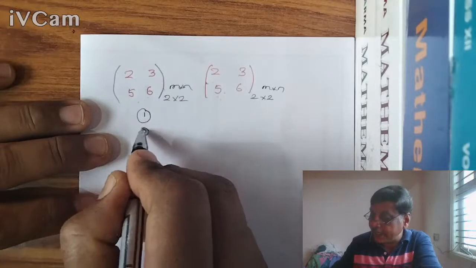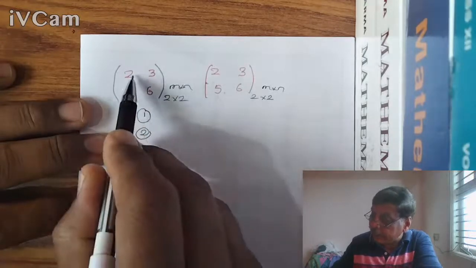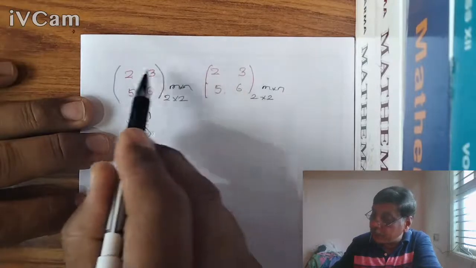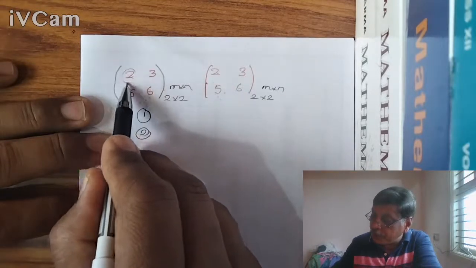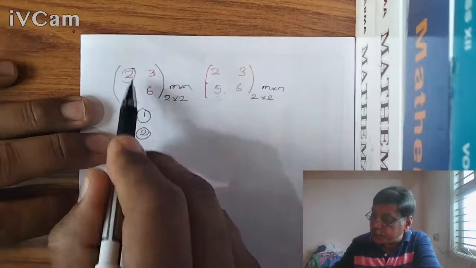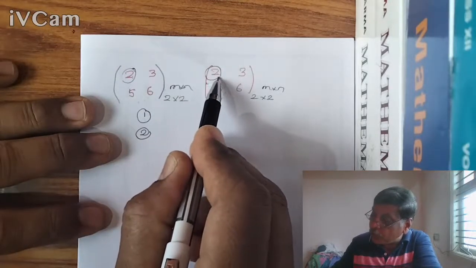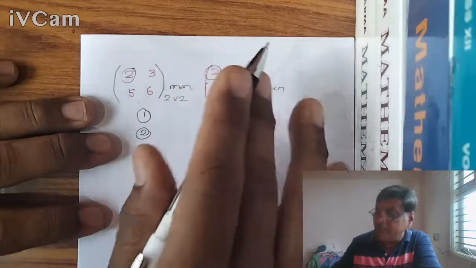The second condition is that corresponding elements are the same. This is the position of first row, first column. In the other matrix also, the first row, first column element should be the same.